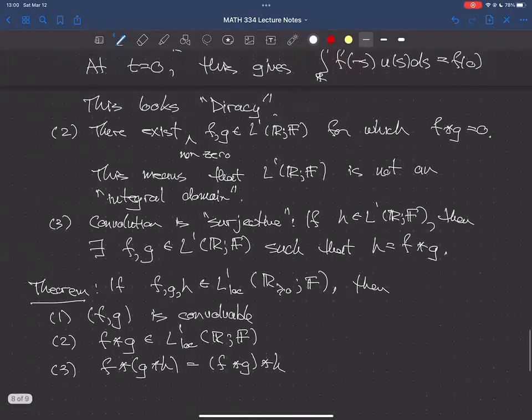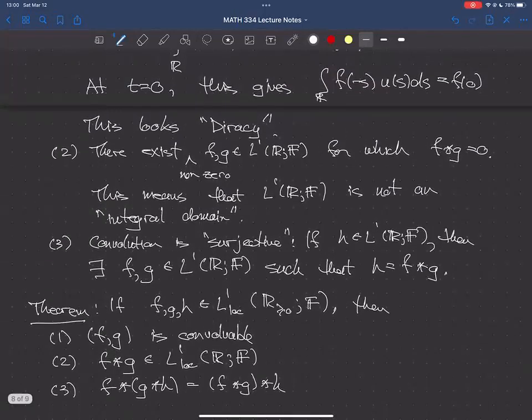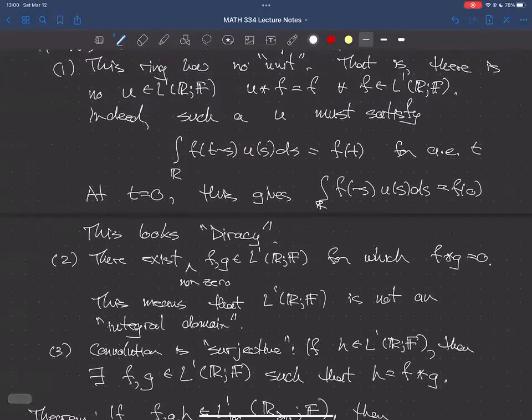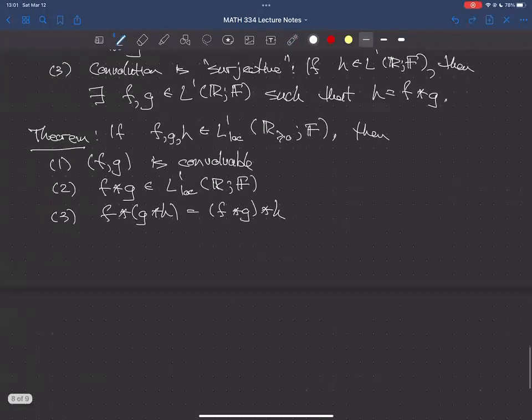There's also a corresponding set of properties like these three. But there's an important difference, and that is property 2. In the case where the support is restricted to be just the positive reals, it actually is an integral domain.